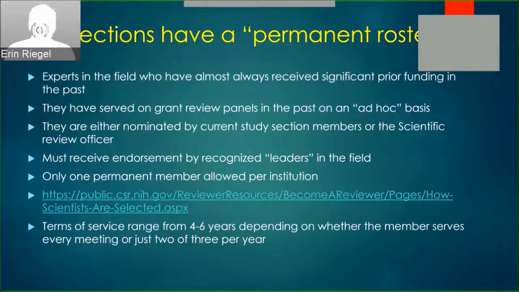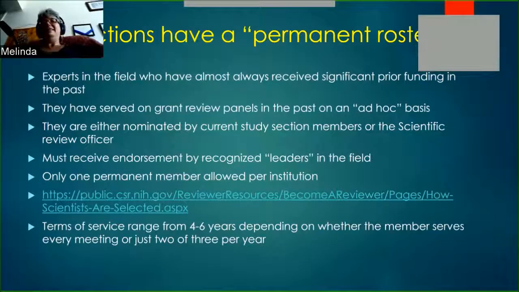When somebody is put on permanent at a study section, they can either decide to serve 4 years, serving all 3 study section meetings. So they are committing to 3 two-day-long study section meetings per year and all of the outside work necessary to do grant review. Or they can commit to being on a study section for 6 years, where they only do 2 of the 3 meetings per year.